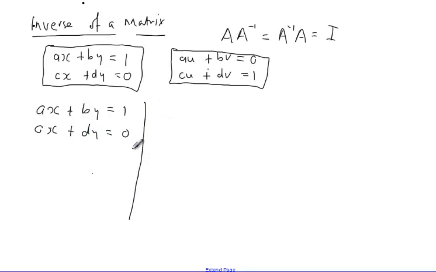Then our method of elimination: let's say we multiply equation 1 by c, and we multiply equation 2 by minus a, then we add them together.